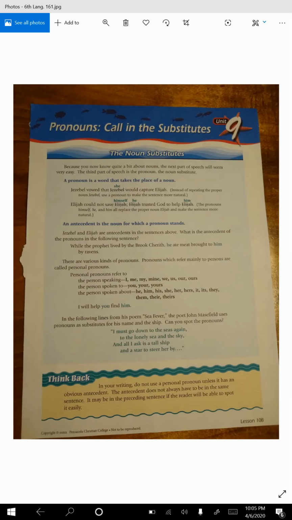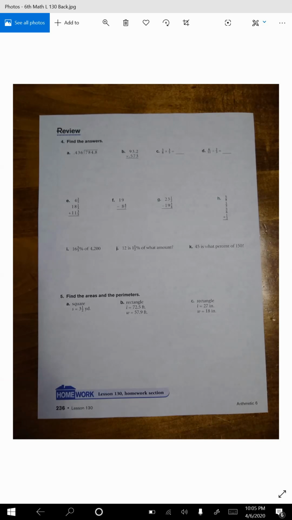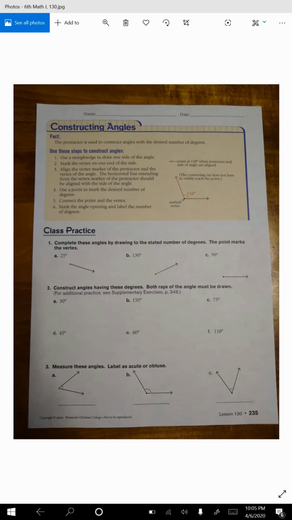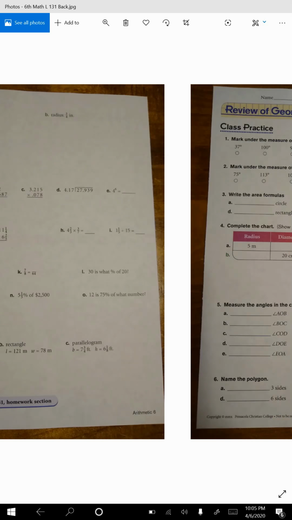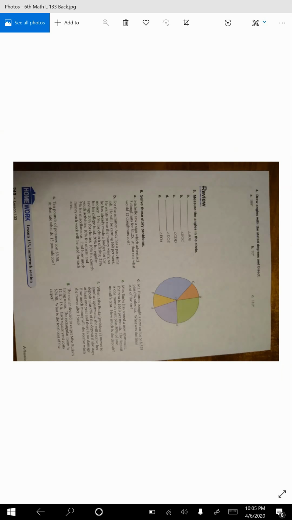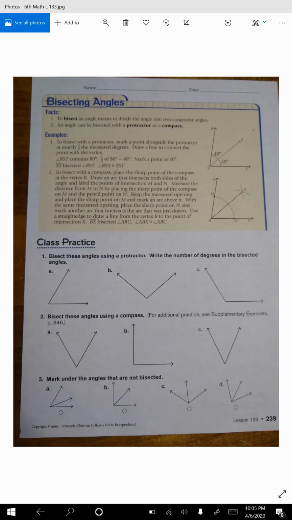Language, lots of language. Okay, what's this one? 130. What was that one? 131. I think I'm getting warm. Oh, I think this is it. No, that's 133. Let me get this back. I don't know. Here we go.